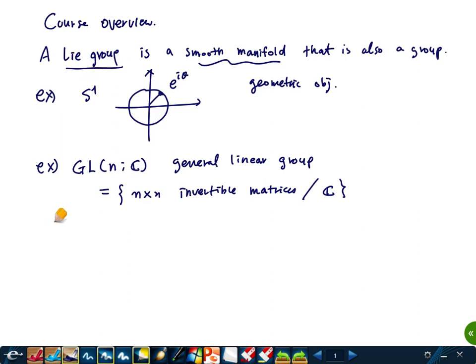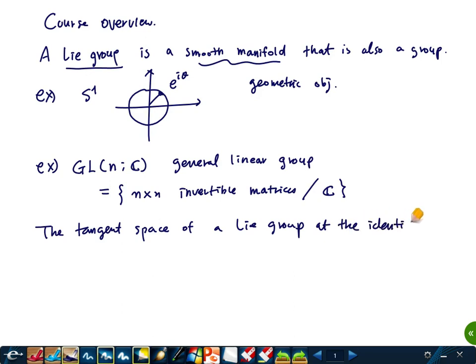Because it's a manifold, one can think of a tangent space, and the tangent space of a Lie group is basically a vector space at the identity element of the group.